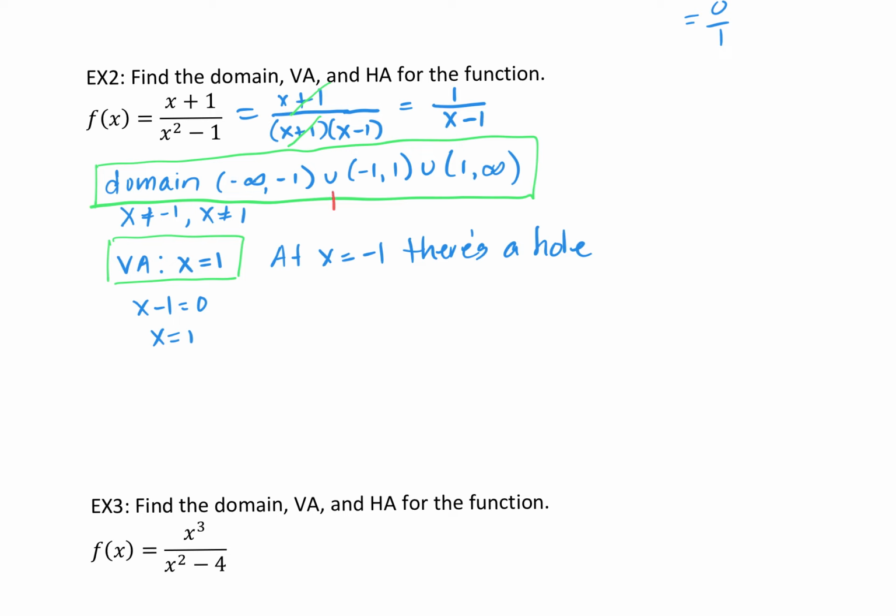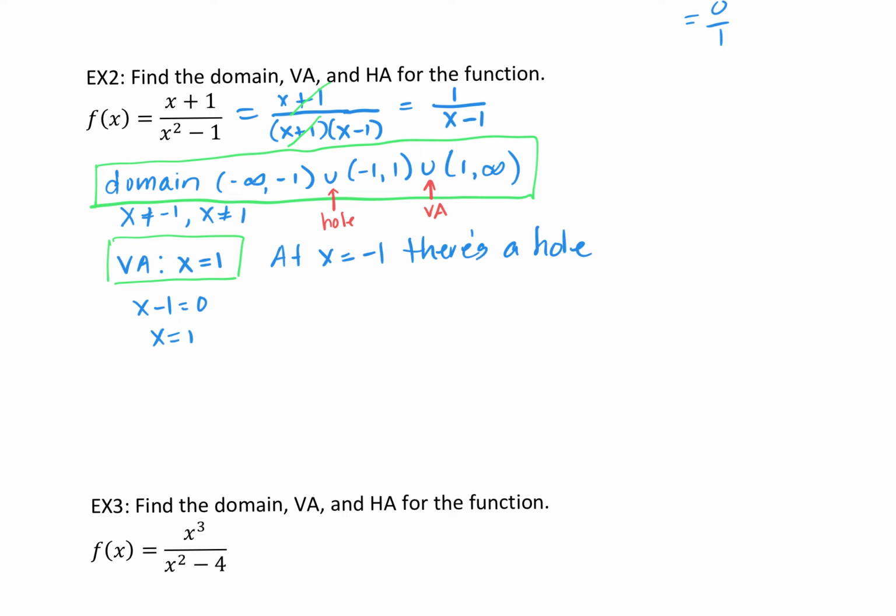So at negative 1, if we were to look at a graph, and you can throw this in Desmos, you would have a hole. And then at 1, you would have a vertical asymptote. So that hole will make the function discontinuous at negative 1. So we're still going to have 3 pieces to our graph, but between 2 of those pieces will be a hole. Between the other 2 pieces will be a vertical asymptote.